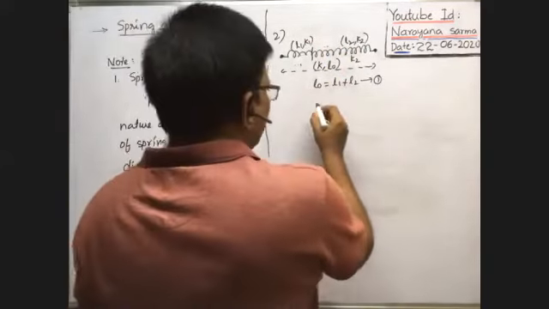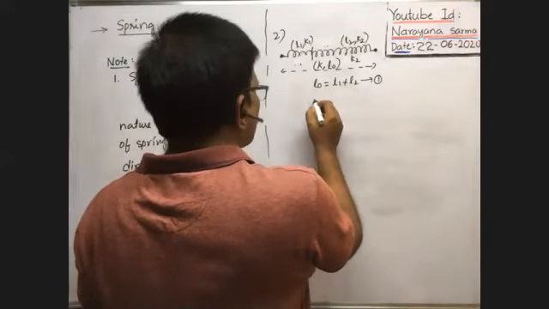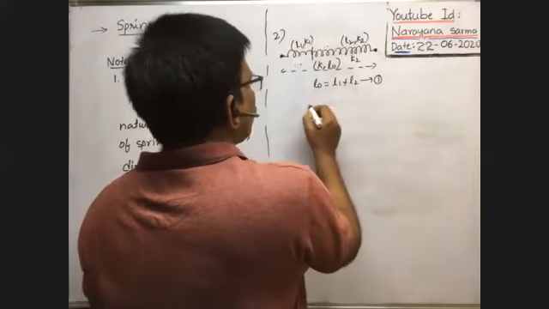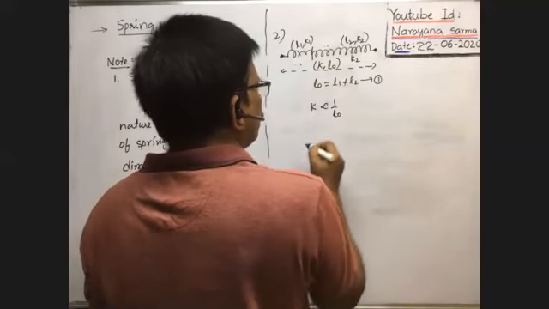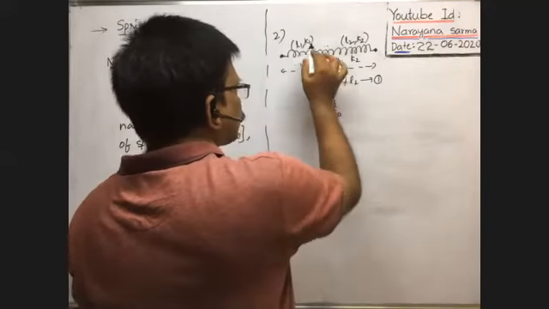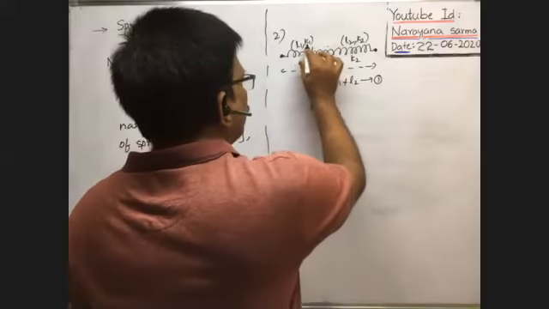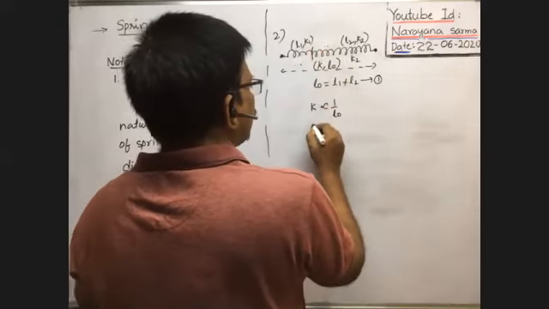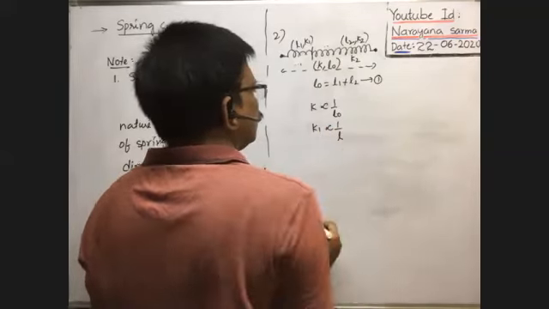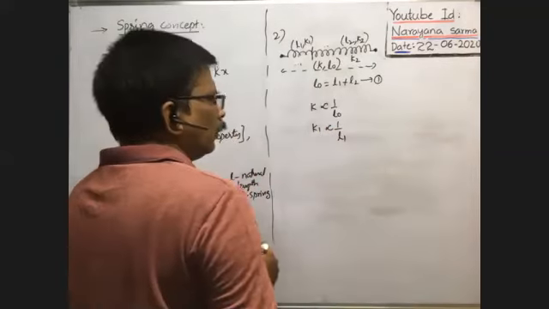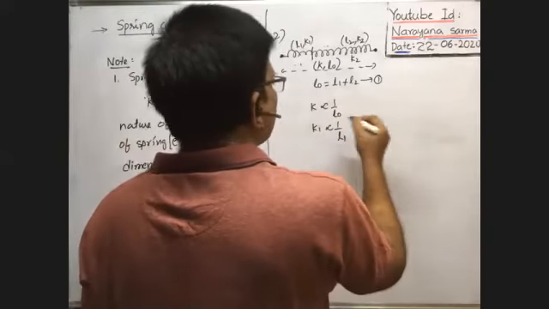Already I said spring constant is inversely proportional to length. In case of the original spring, spring constant K is inversely proportional to L0, and in case of this part, spring constant K1 is inversely proportional to L1.